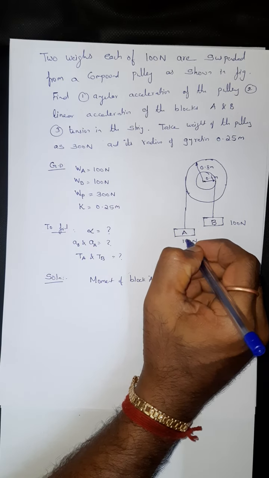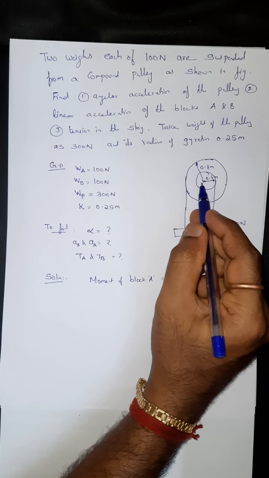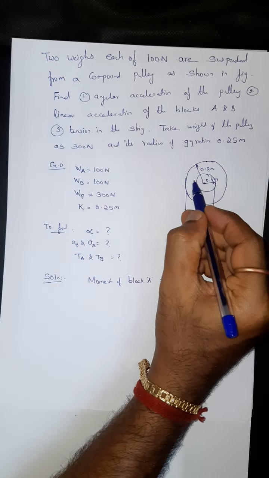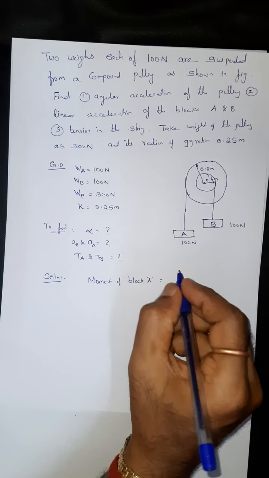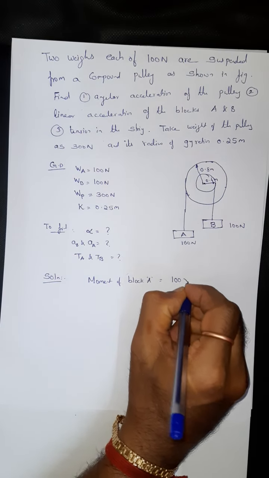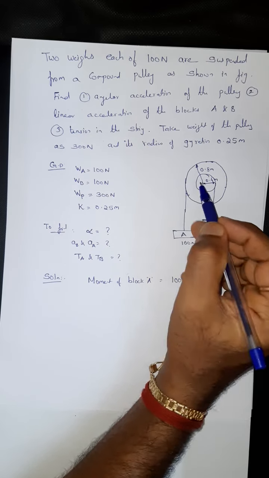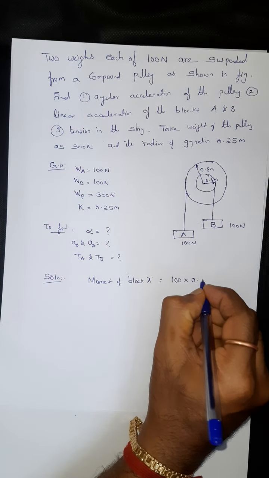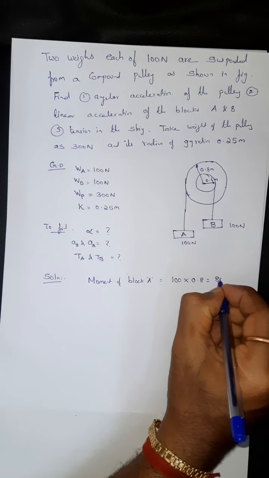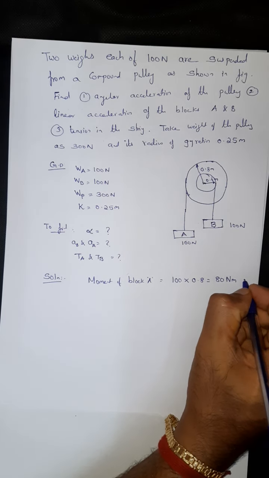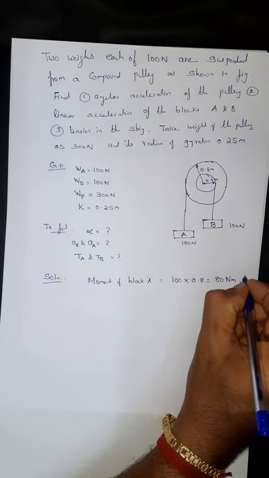The force here is 100, which rotates in the anti-clockwise direction. So force is 100 Newton into this distance, which is the radius of the bigger pulley, that is 0.8, which is equal to 80 Newton meter, in anti-clockwise direction.